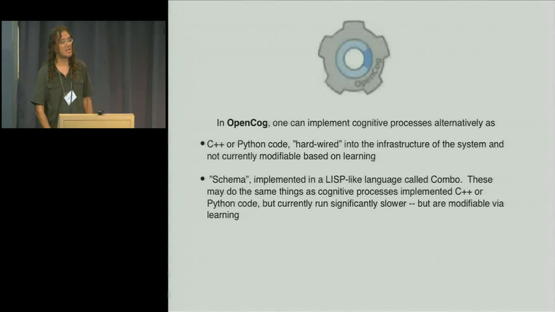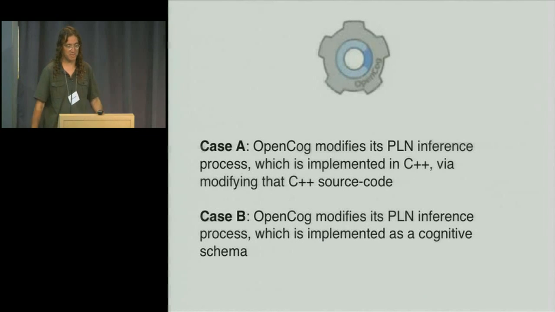So that's the difference between, say, learning to modify the Combo schema or self-programming to modify the underlying C++ code. Again, that seems a kind of trivial implementation level distinction. And you would like the difference between plain old learning and self-programming to be more than just a distinction about the particulars of the software implementation.